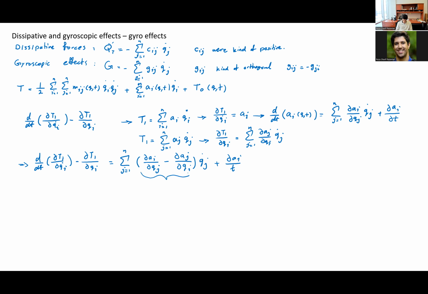This is actually my gij, which is multiplied by q dot j to give me the same form as I had up there. And notice that this gij is the opposite of gji, and it fits the requirements for our gyroscopic effect.